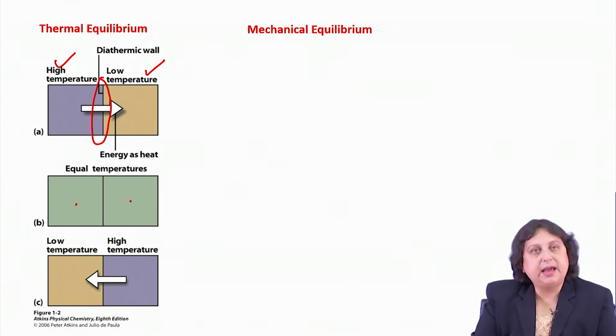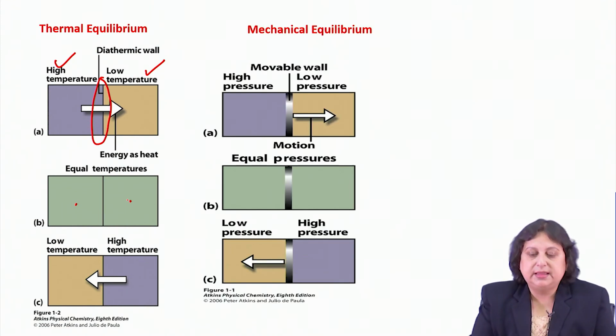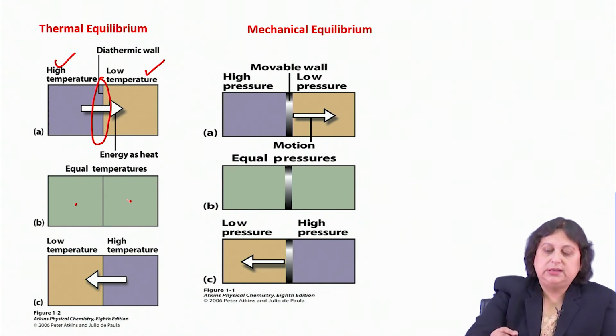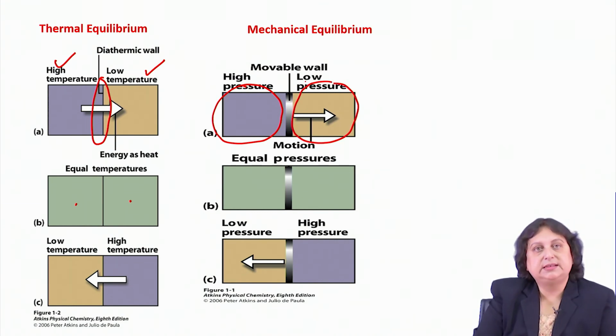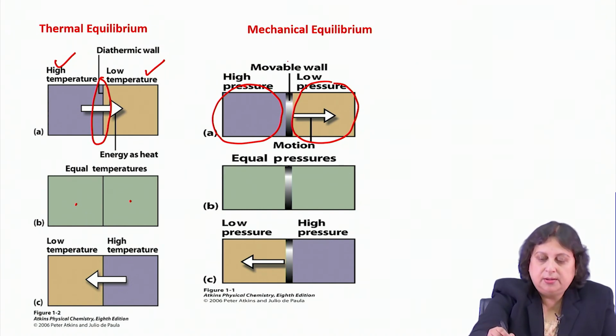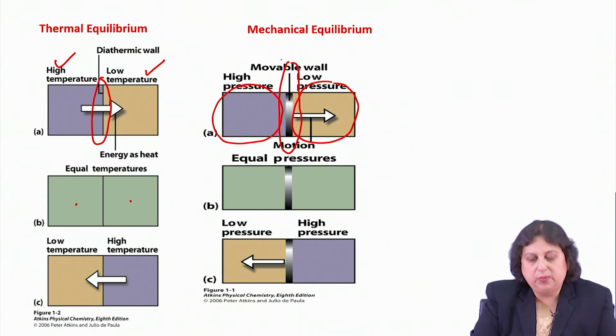You can have a mechanical equilibrium. So in that case, you actually put a system where the gas is maintained at a high pressure in contact with a system where the gas is present at a low pressure, and the intervening wall is made up as a movable wall. So what will happen?